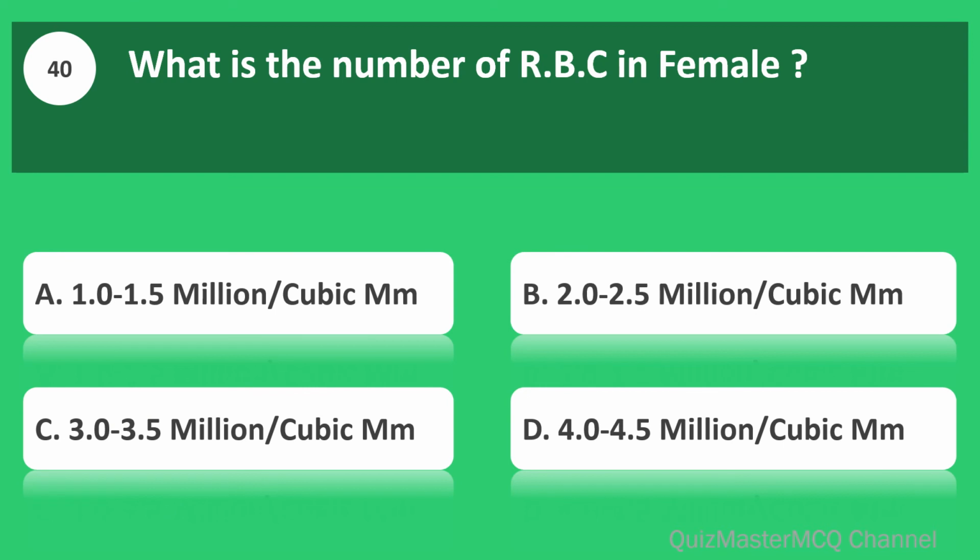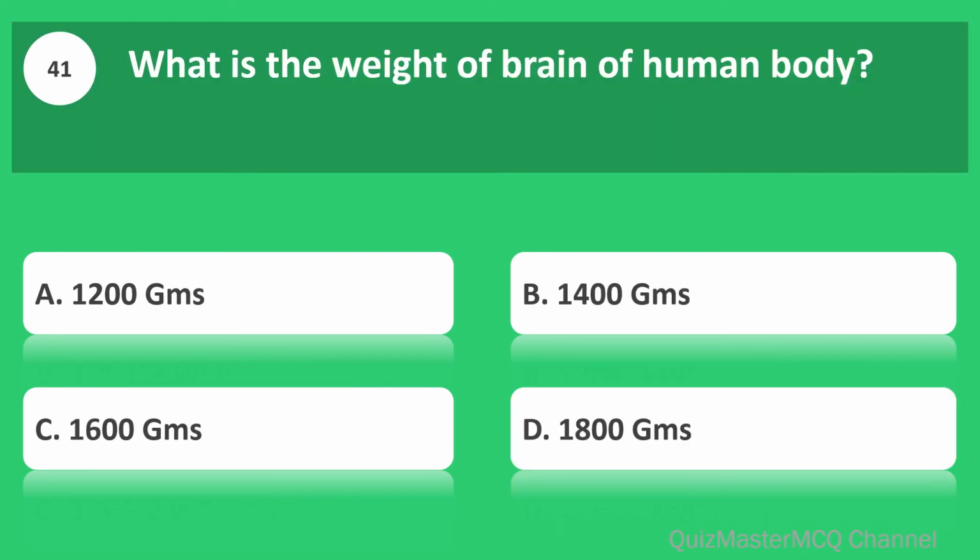What is the number of R.B.C in female? 4.0-4.5 million cubic mm. What is the weight of brain of human body? 1400 gms.